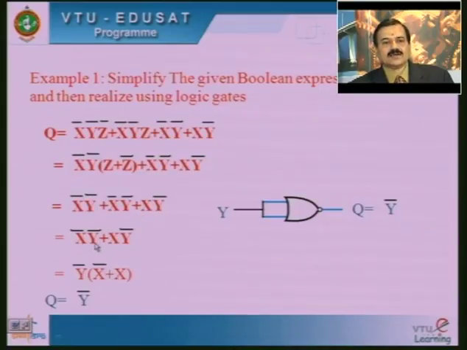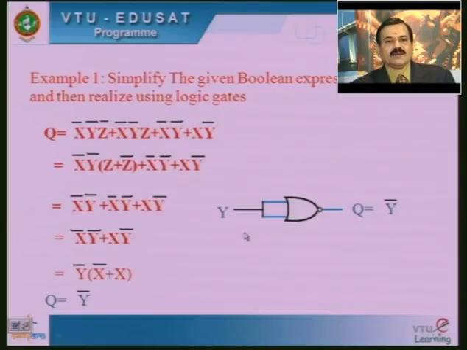After that, the common factor we see is y bar, common between these two product terms. So y bar is taken common and x bar plus x is in the bracket. x bar plus x is always equal to 1. Therefore finally Q is equal to y bar.